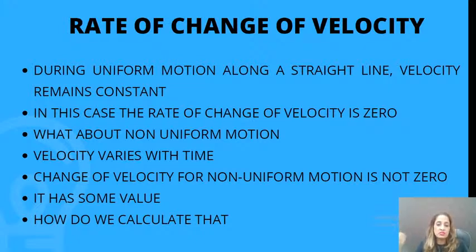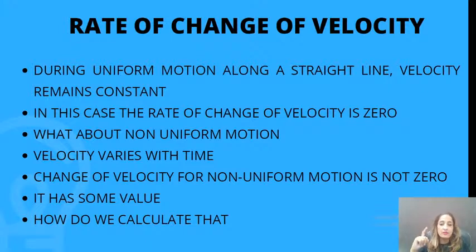In that case, the rate of change of velocity is 0 for uniform motion, chapter closed. But let's say it's changing its speed with time. Then velocity varies with time. So the rate of change of velocity for a non-uniform motion is not 0. It has some value. How do we calculate that?